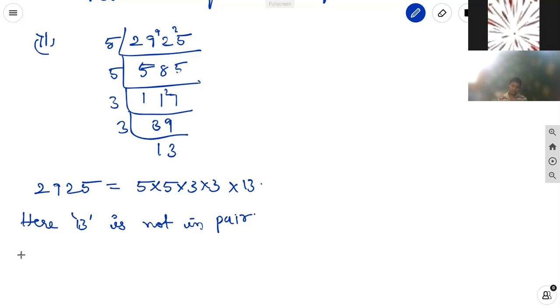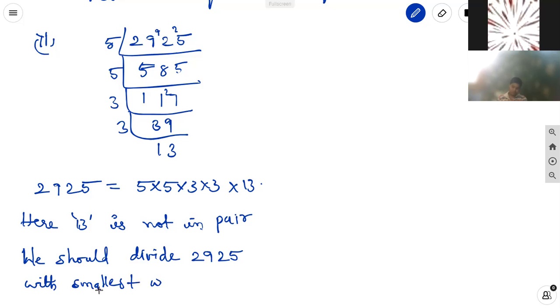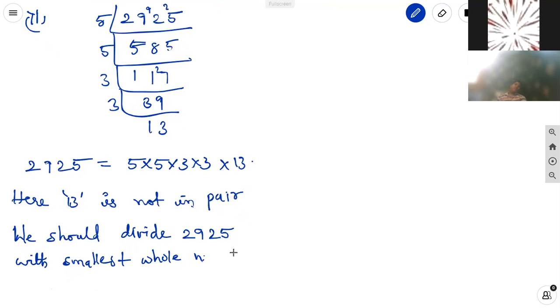So we should divide 2925 by the smallest whole number, 13.